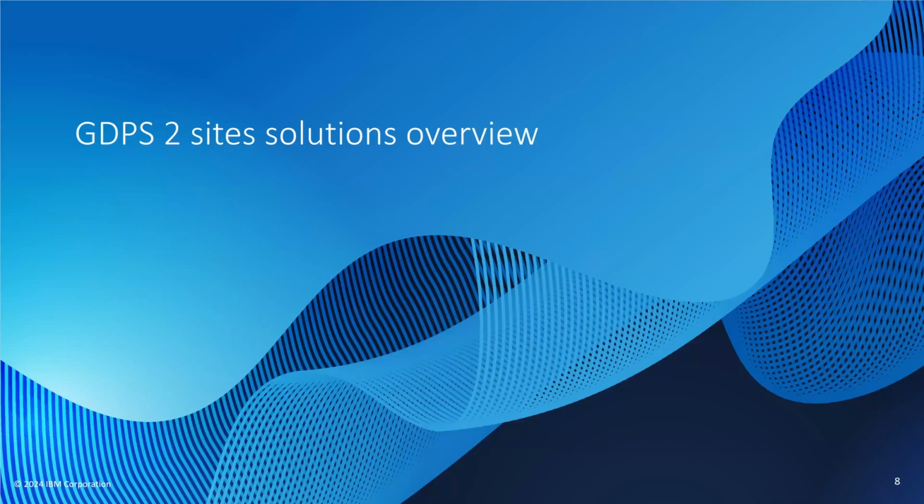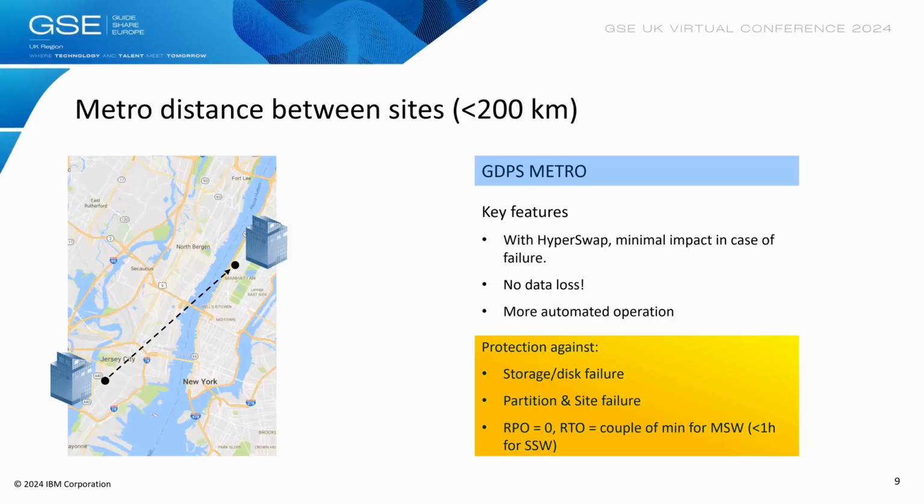So before deep diving into the GDPS 3-site and 4-site solutions, let's first have a closer look at the GDPS two-site solutions. GDPS Metro is a two-site solution for data centers at metro distance, that is to say, separated by less than 200 kilometers. At least that's what the chart says.